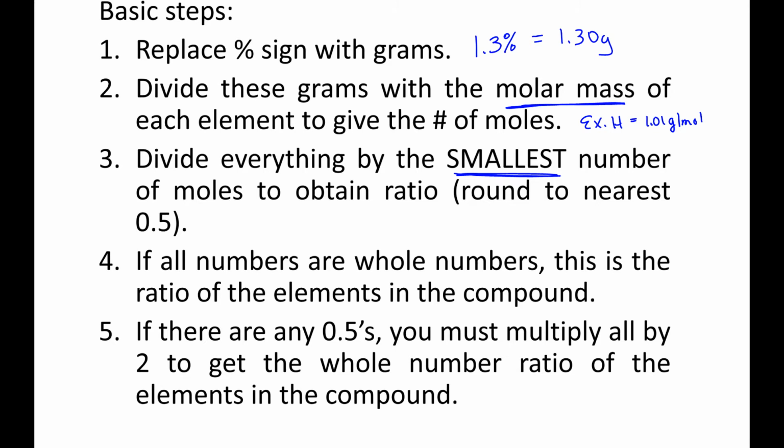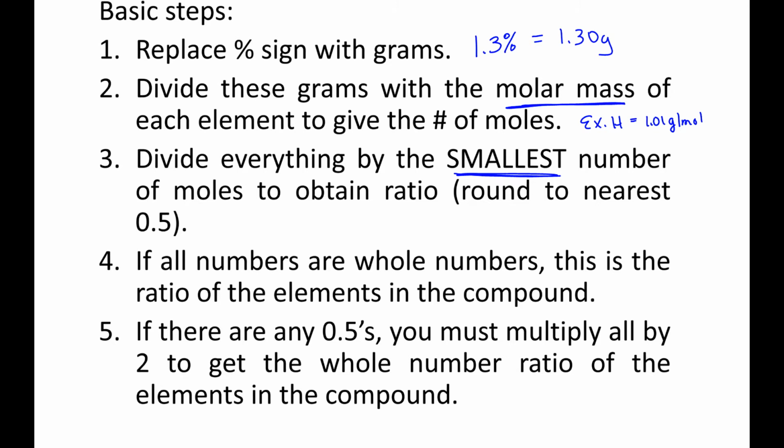Now, if all these numbers are whole numbers, so when you rounded to the nearest whole number it came out to be maybe 1.1 or 4.2, anything that rounds to the nearest whole number, you've got the ratio. You don't have to worry about it anymore.